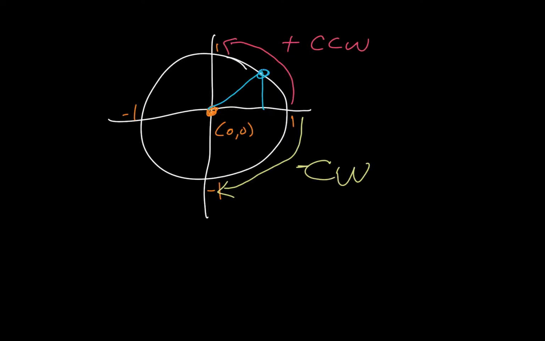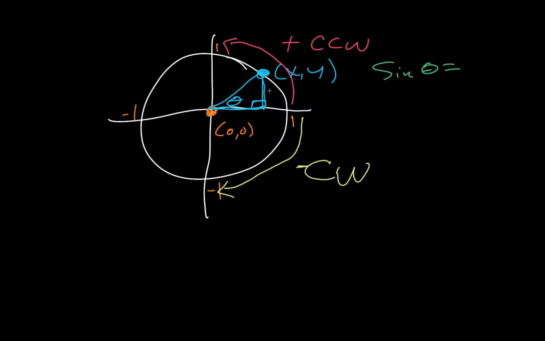So if we have a point right here, x comma y, we create a right triangle right there, and we think of this as theta. We can do our sine, cosine, and tangent from there. And so sine of theta is opposite.